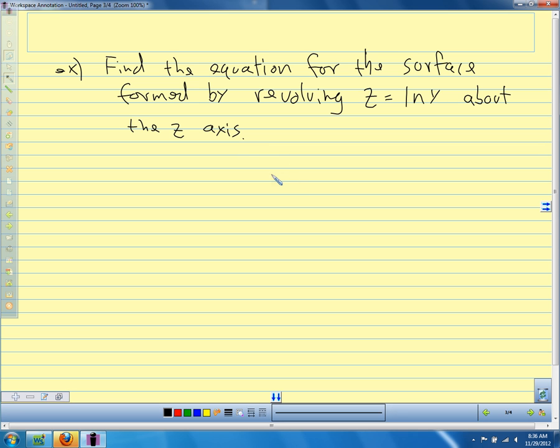So when we revolve about the z-axis, our radius function needs to be some function of z. So the radius function needs to be a function of z, and I'm going to say some r of z. So we need to get a function in terms of z.